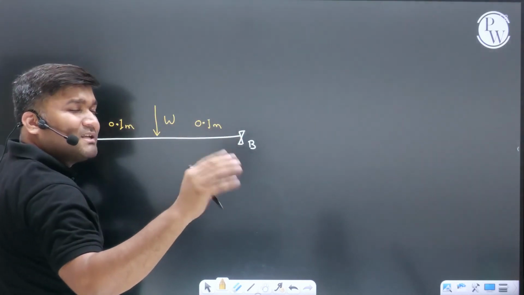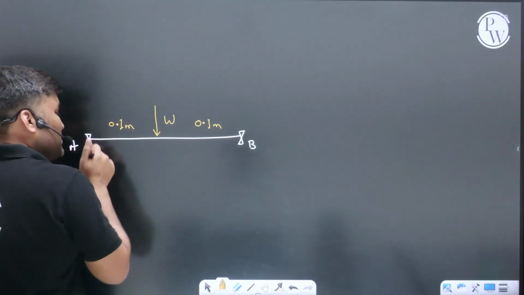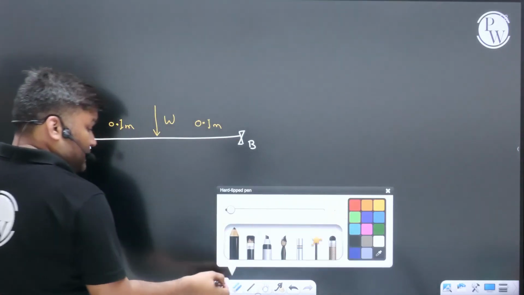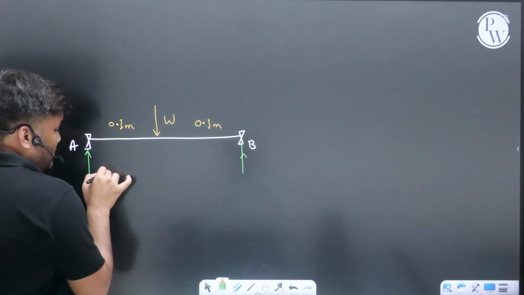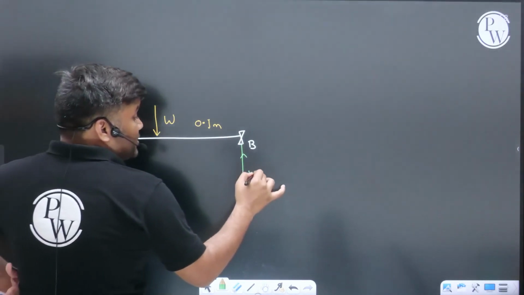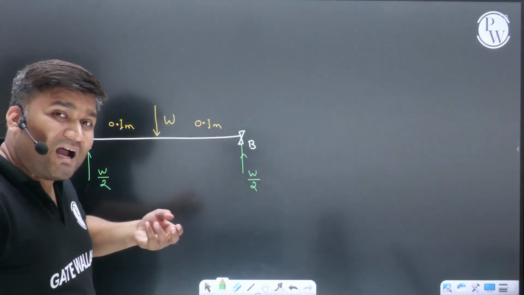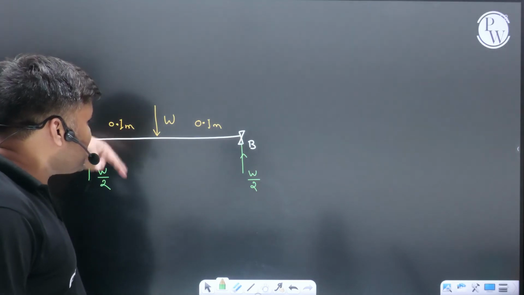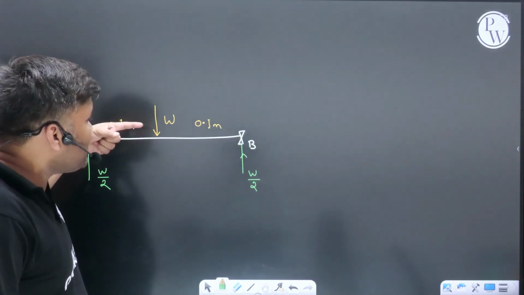For a moment imagine करिए, this is not rotating due to weight. How much is the reaction you are going to face here? Sir, this bearing will offer W by 2. These are the due to weight, how much reactions are going to be there. Now if I start rotating this system, can you imagine? ये rotate कर रहा है.